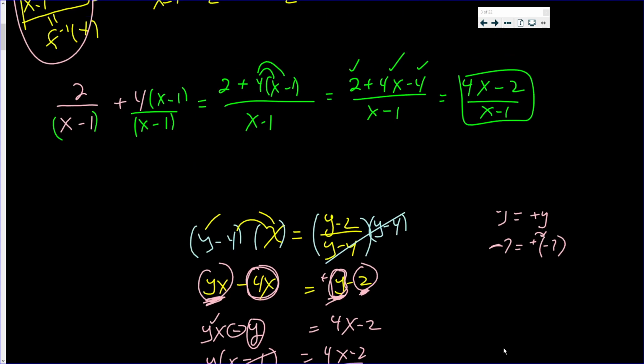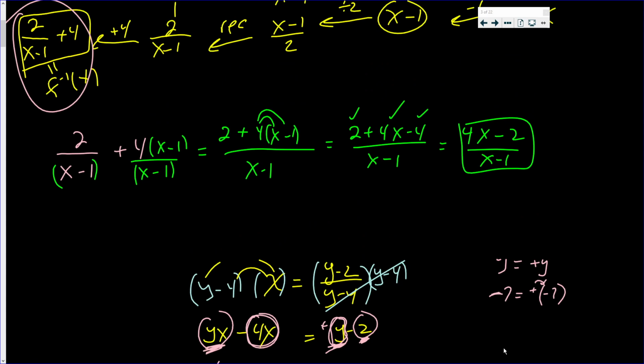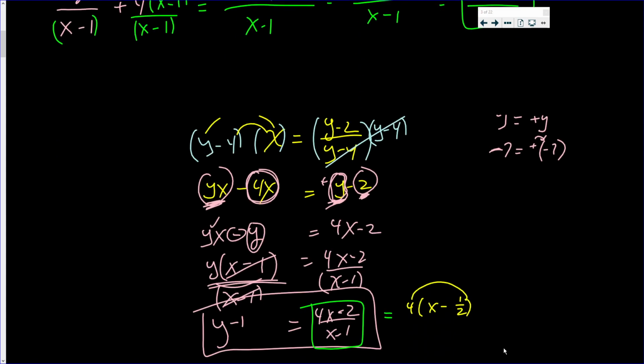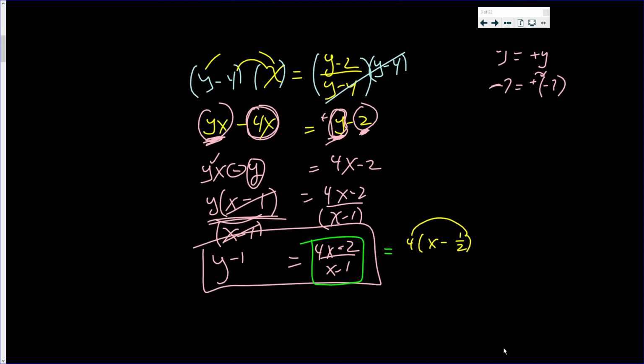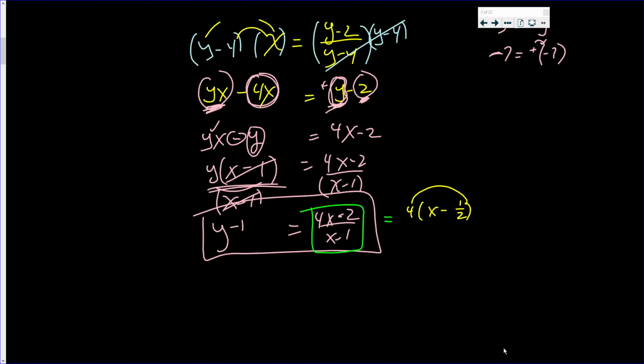Hmm. 4x minus 2. Okay, I'm going to do it slightly differently. I'm going to factor out the 4, and I'm going to force x minus 1 there. So that's 4x minus 4. So the 4x is good, but no on the minus 4. It should only be taken away 2, but I want to take away 4. So I add back 2. And then I divide by x minus 1.